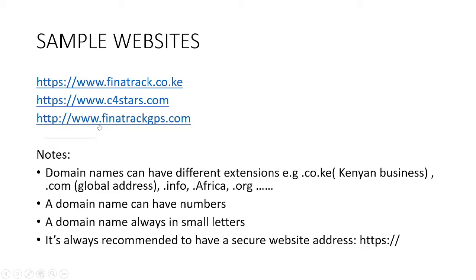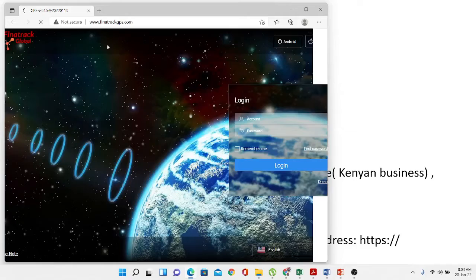Both websites will work, but you'll realize if you simply click on the one with the HTTPS, the website will open without any problems. But with the HTTP, the users will be sent a notice that the website is not secure. This can affect your user base. You can see here on top, it's written not secure.